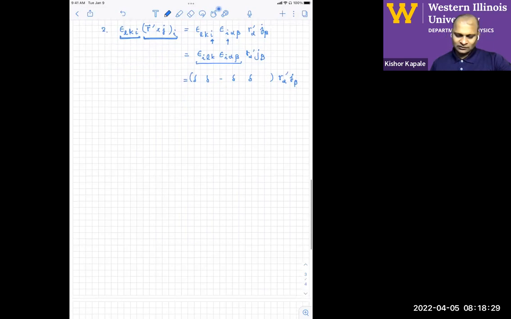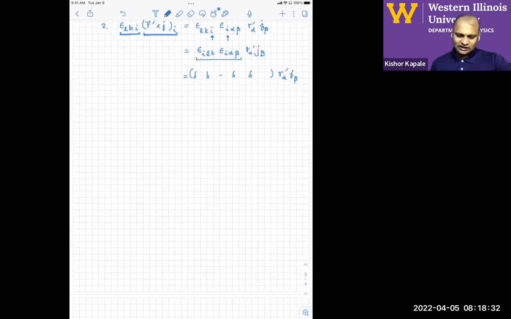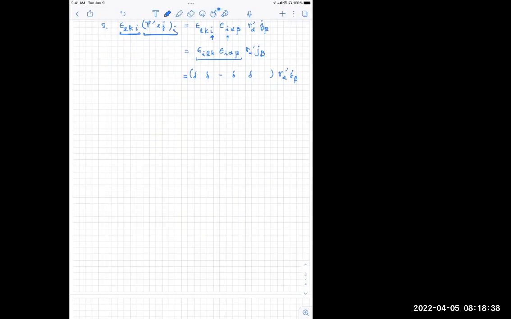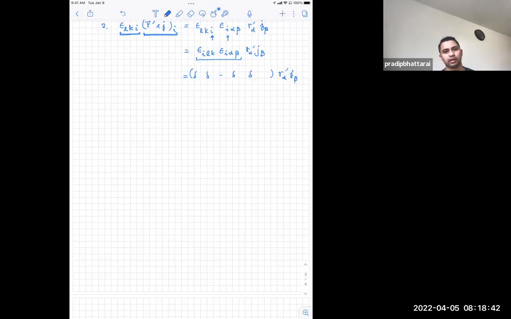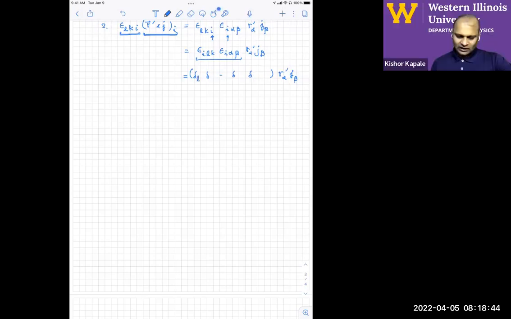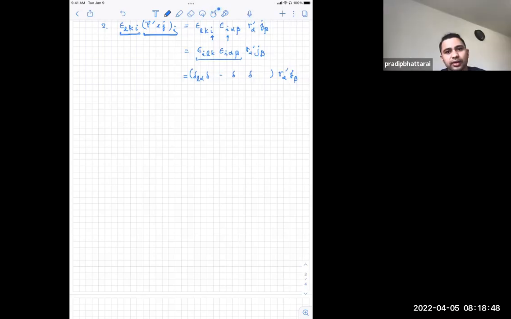So somebody want to read me the indices that we will need for this? Anybody feel free to unmute your microphone. I think the first one is L alpha. Delta L alpha, yes. The second one is K and beta.